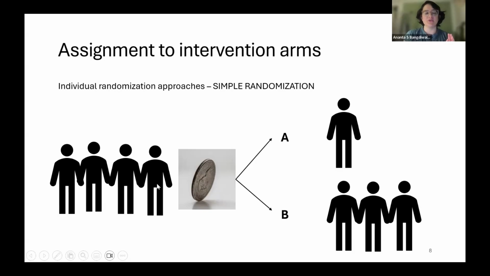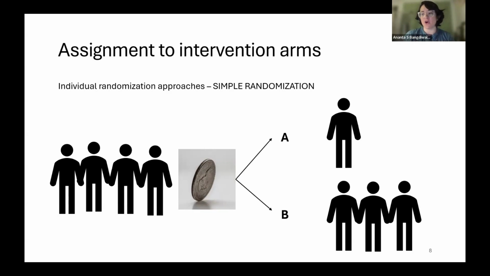So each of these people who shows up, we flip a coin, and they're assigned to either Group A or Group B. And simple randomization has a lot of advantages, right? It's easy to generate. It could be like flipping a coin. It's impossible for investigators to guess what the next treatment assignment will be. Even if they know the first person was assigned to A, they have no idea what the second person will be assigned to.